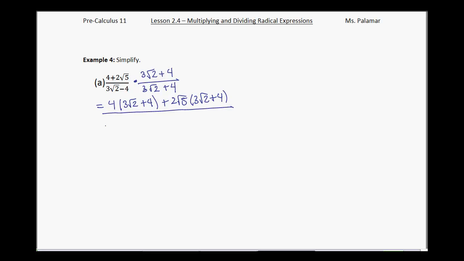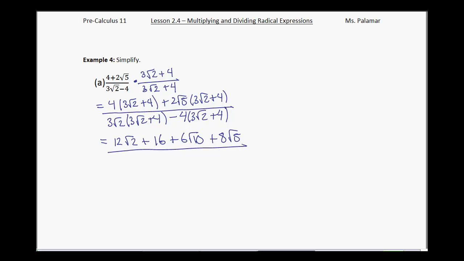And our denominator will be 3 root 2 times 3 root 2 plus 4 minus 4 times 3 root 2 plus 4. Simplifying, the numerator will become 12 root 2 plus 16 plus 6 root 10 plus 8 root 5, divided by 9 times 2 plus 12 root 2 minus 12 root 2 minus 16.